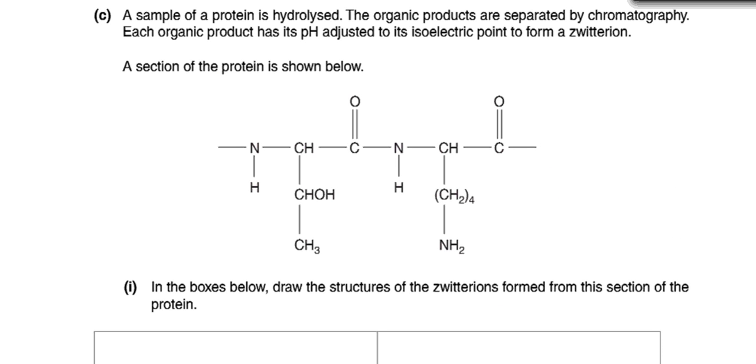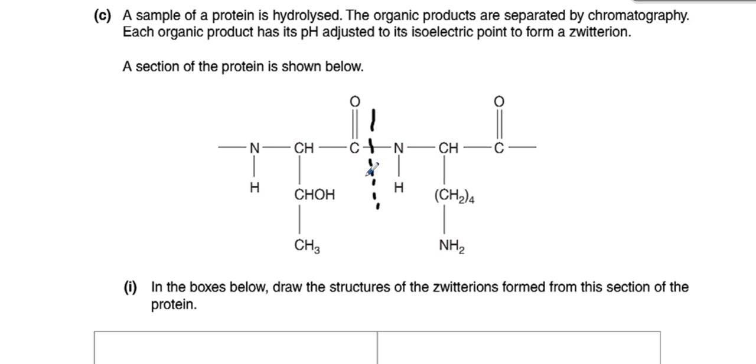Moving on then to amino acids, we've got this protein which we're going to have to hydrolyze and then turn into zwitterions. So we look for that amide link there, and we're going to split that between there. Now we're going to form a zwitterion. So first of all, these two amino acids will return to their standard formula.